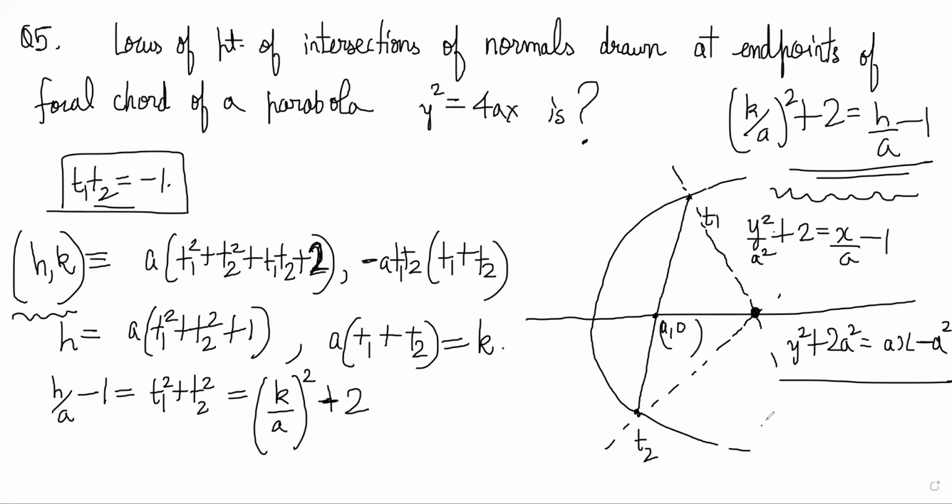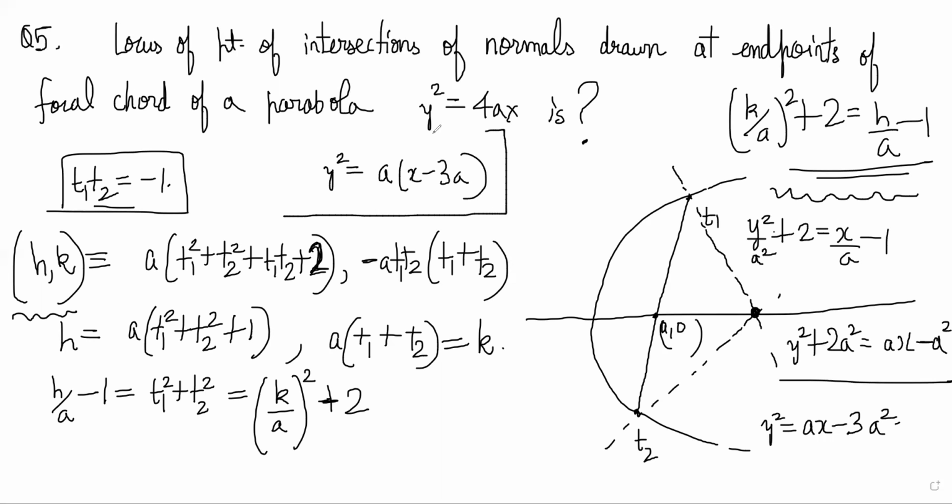So you get y square is equal to ax minus 3a square. This is another parabola, the locus.